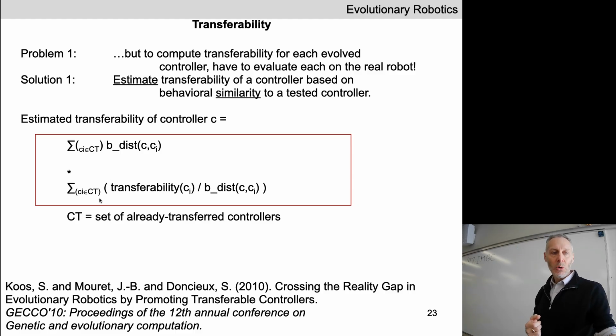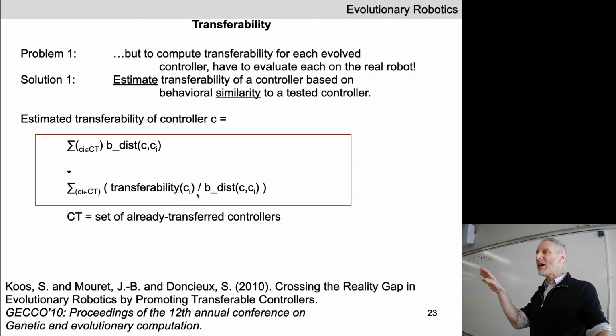Okay. So we're going to sum over all of the controllers that are in the set CT. We're going to take the exact transferability of C sub I. So C sub I is a controller that's been sent to reality. We're going to take that transferability and we're going to divide it by the behavioral distance between C and CI.